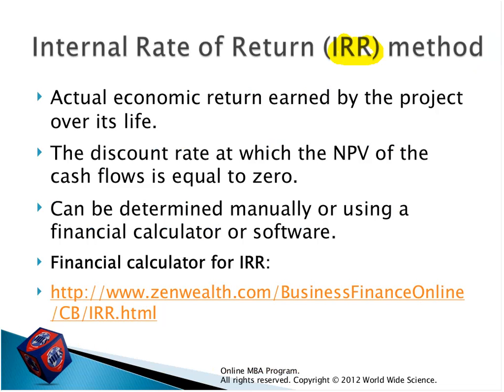It is the discount rate at which the NPV of the cash flows is equal to 0. The IRR method has its own very complicated formula, and the formula shows that the NPV is equal to 0. The important thing is what the required discount rate should be to make the net present value equal to 0. So this is very important.